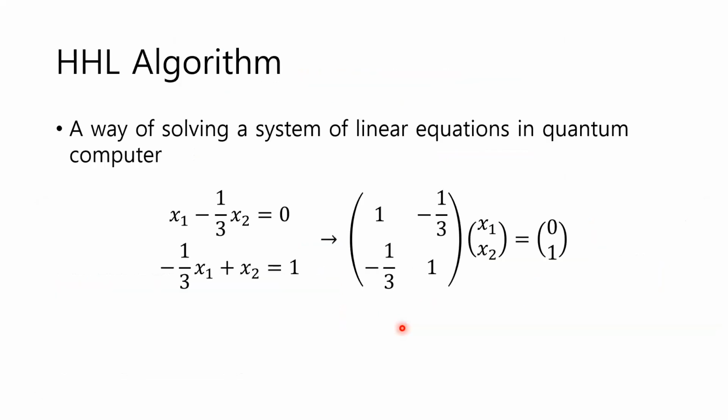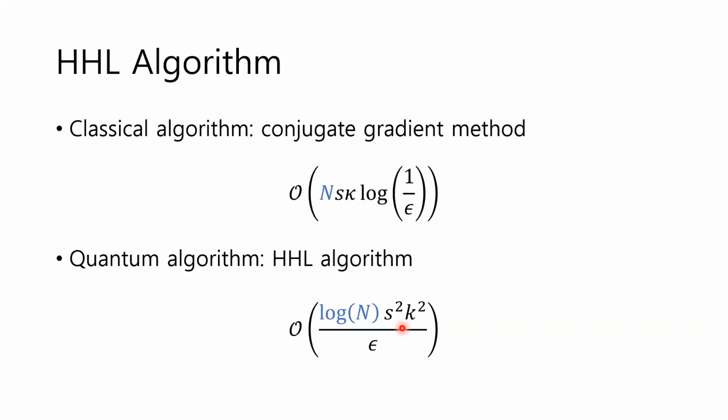So first, we have to know what the HHL algorithm is, which is the biggest part of the quantum SVM algorithm. It's simple, just a way of solving a system of linear equations on quantum computers. The HHL algorithm is known for its supremacy compared to classical algorithms for solving systems of linear equations.